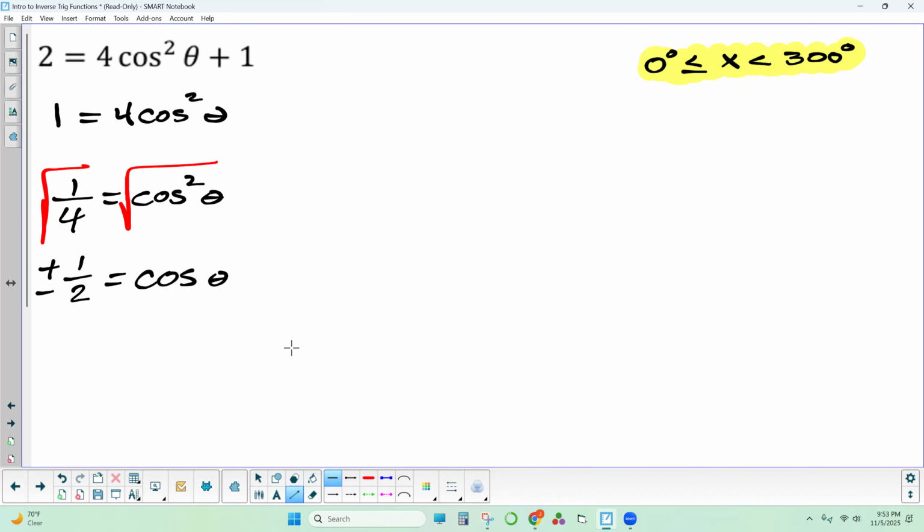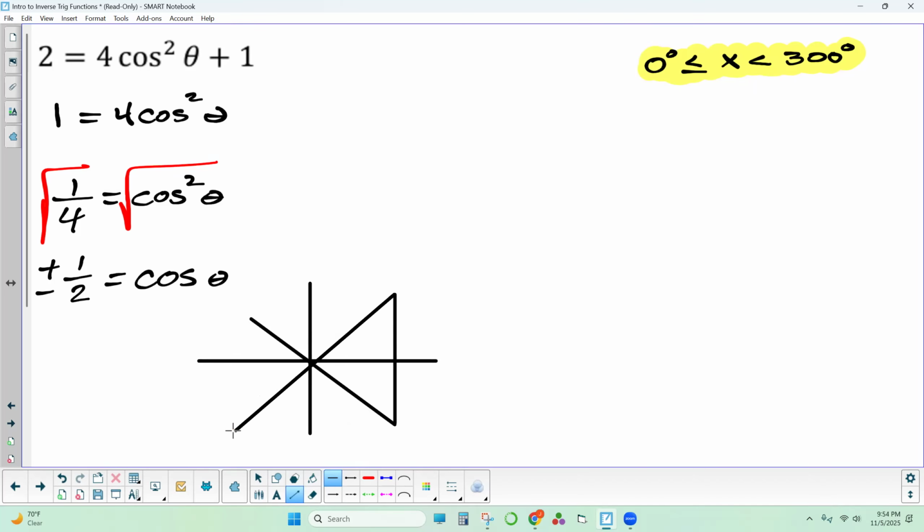So where is cosine positive and negative? Well, all quadrants. So I like to tell my students we're drawing the bow tie. Okay, that is an ugly bow tie, but we get the point here. All right, so I've got a triangle in each quadrant. Where is cosine plus or minus 1/2?